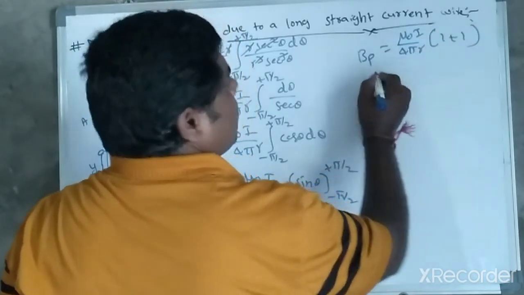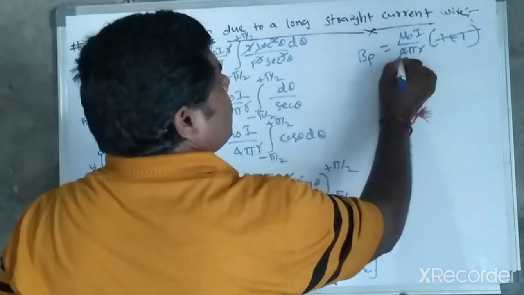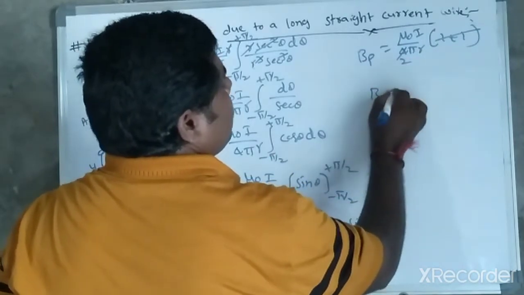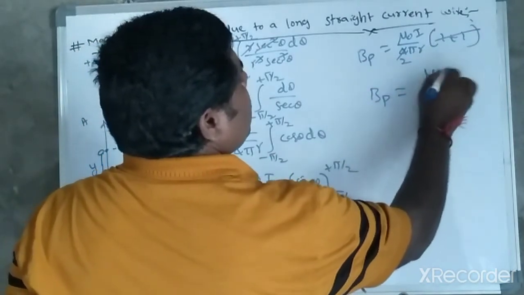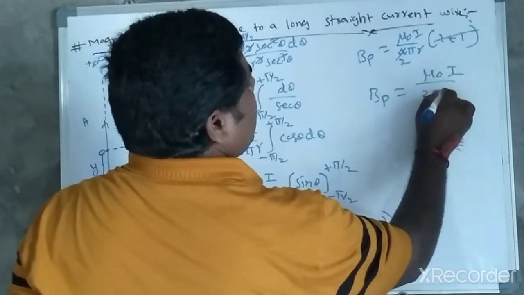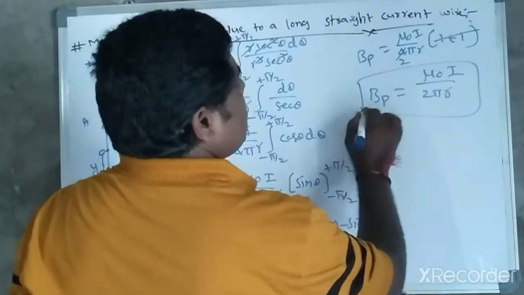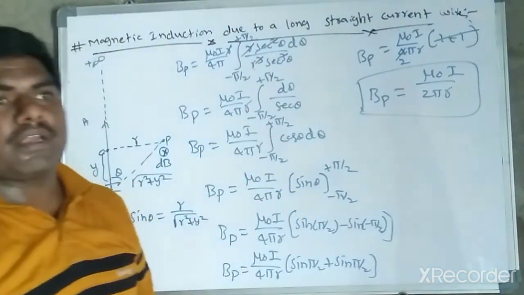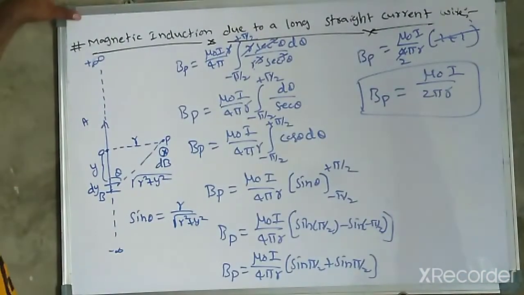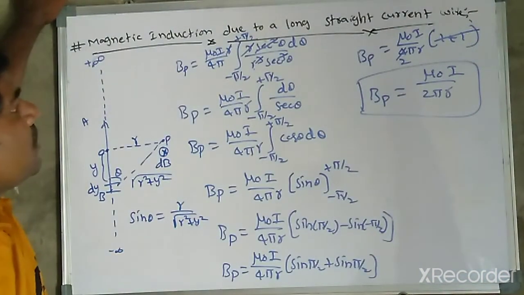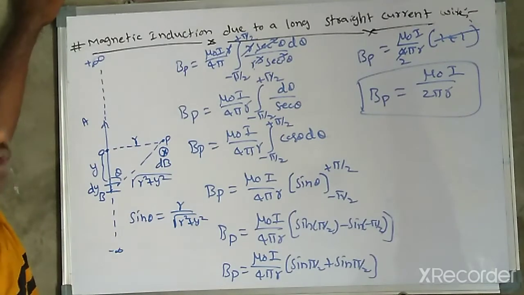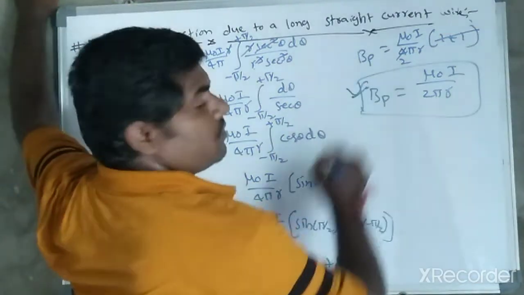So 1 plus 1 is nothing but 2. So the magnetic field at point P is mu naught I divided by 2 pi r. Based on this one they will ask numerical problems. This is nothing but magnetic induction due to a long straight wire. Based on this one they will ask numerical problems.